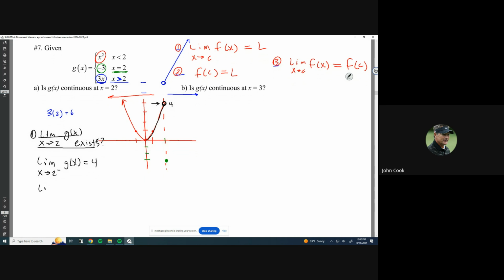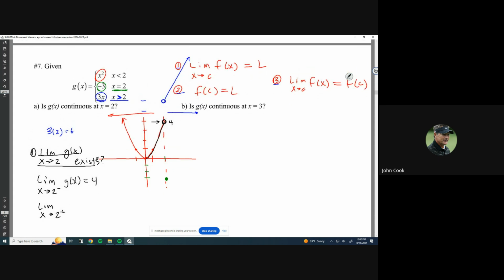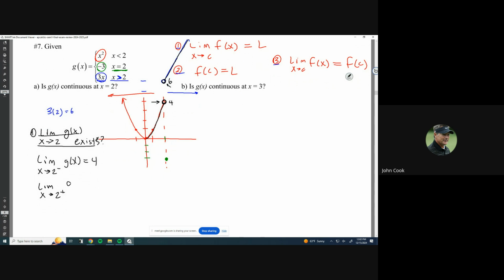And then the limit as x goes to 2 on the right-hand side, that's the blue part, goes over to here, which is 6. So here's the problem. On the left and the right-hand side, we get different numbers, 4 and 6.